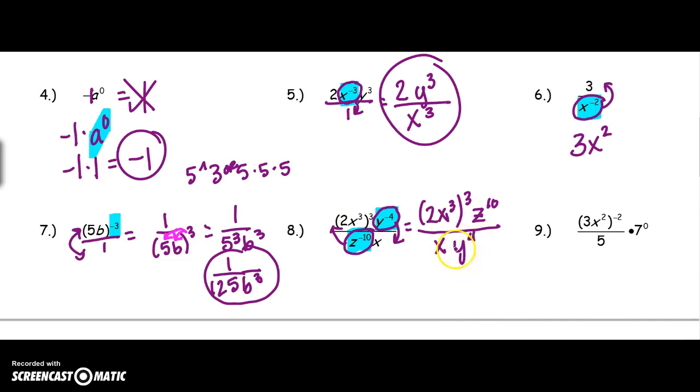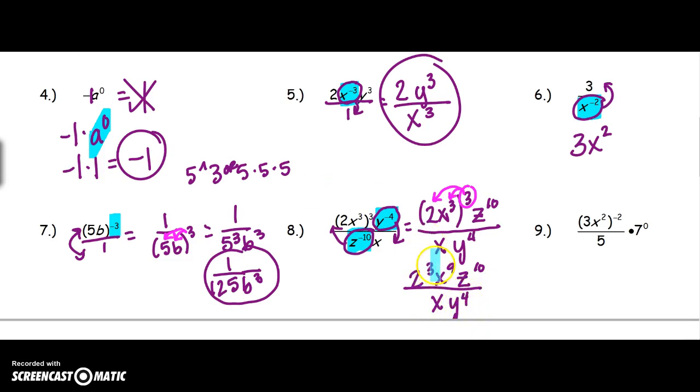The next step you need to do is get rid of this power to a power. So you're going to distribute it to the 2 and to the 3. Remember, you multiply. So you have 2 to the third power, x to the 9, z to the 10th, all over x, y to the 4th.